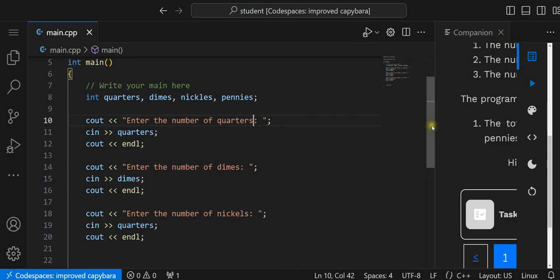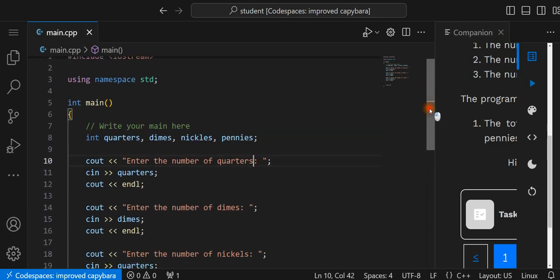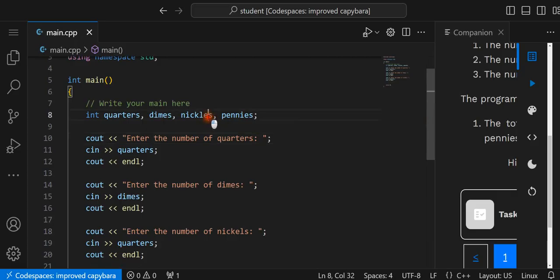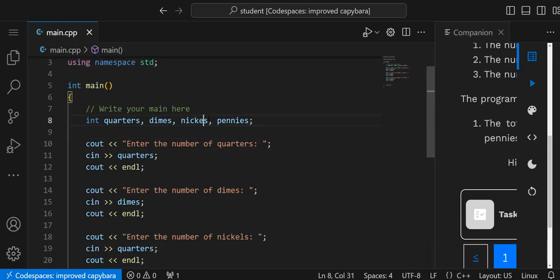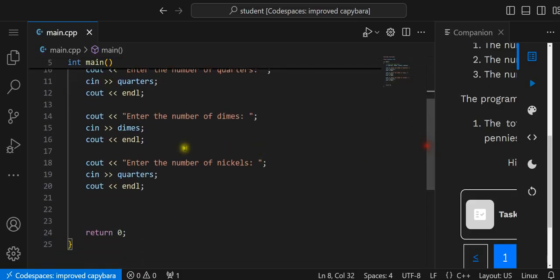Sure, spelling is right. Quarters, dimes, nickels, pennies. All right. Yeah, spelling will get you in programming every time. So you definitely need to be a good speller.